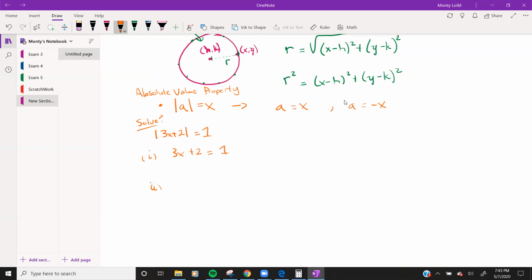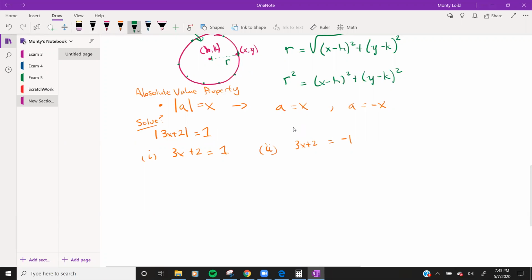And then your second equation is going to be 3x plus 2 equal to negative 1. And you're going to solve each one of these for x, and plug in and make sure that they work. But that is the step to solving these type of problems here. So anytime you see an absolute value problem, you're going to have two different equations to deal with.